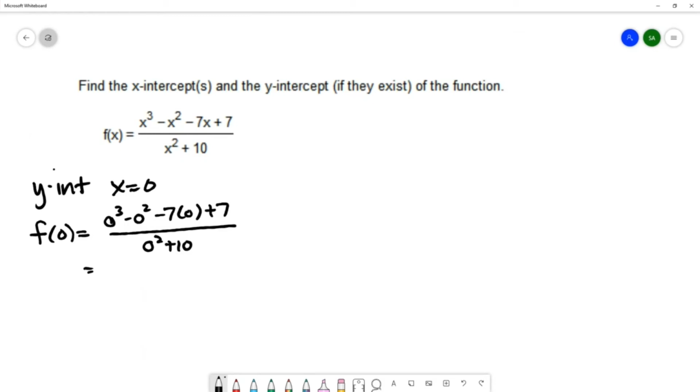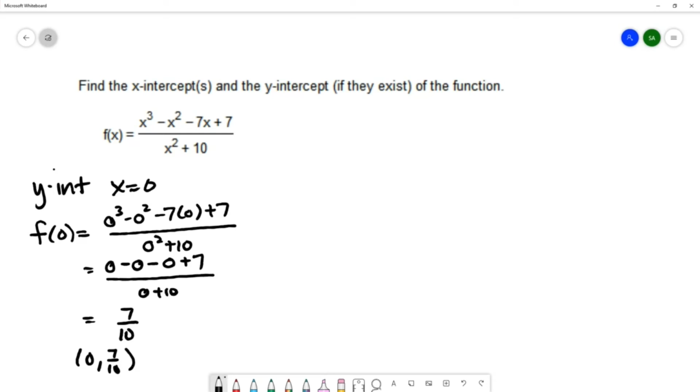And 0 cubed is 0, 0 squared is 0, 7 times 0 is 0, and 0 squared is 0. So we end up having 7 over 10 when we add all those up. So we have a y-intercept of 0 and 7/10.